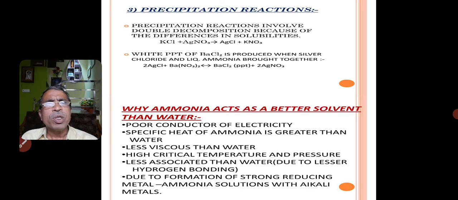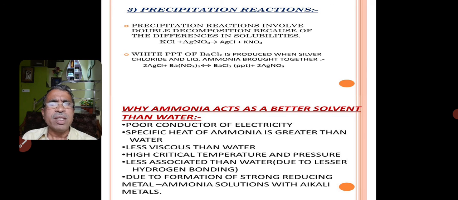Lastly, you must know why ammonia acts as a better solvent than water. Ammonia acts as a better solvent than water. It is due to, the first one, it is a poor conductor of electricity. The second, specific heat of ammonia is greater than water.